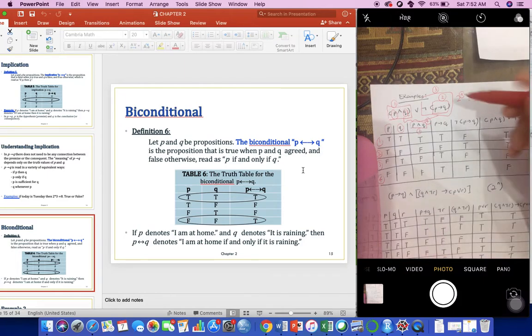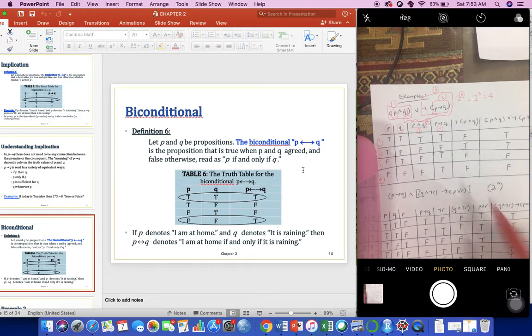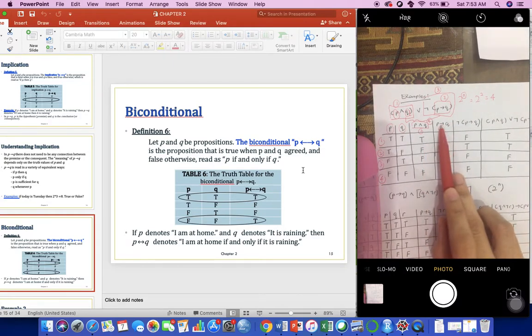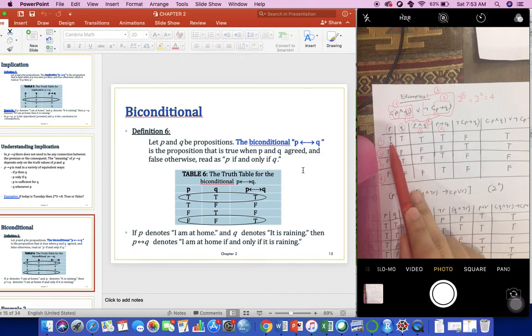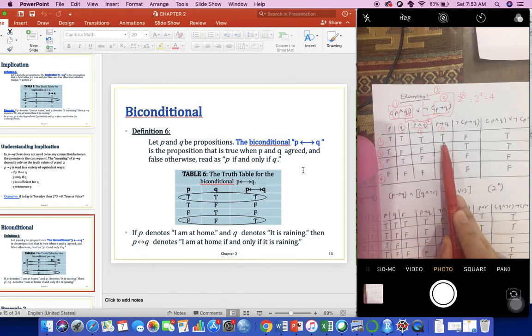The second one is we do this one. This is the second step. For the second step, if P and Q, then if P is true and Q is true, you will get true. If P is true and Q is false, then you will get false. And the rest is true, true.